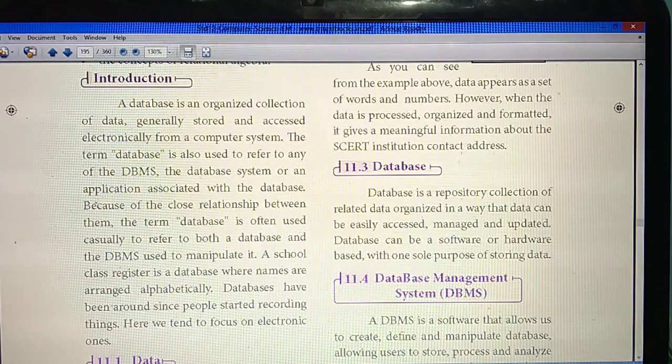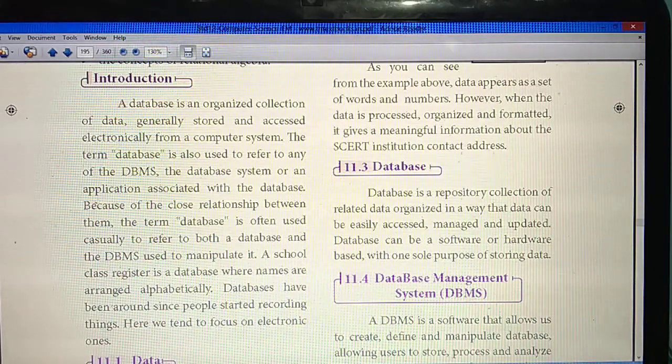Take your class register. Each class will have a separate register, isn't it? What details will be there inside the register? The first page, you leave one page, then the first page will contain all the information about students.